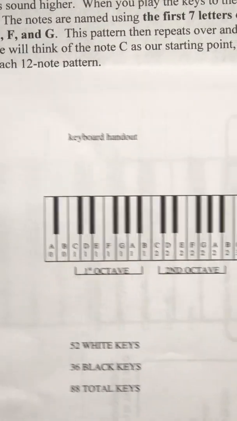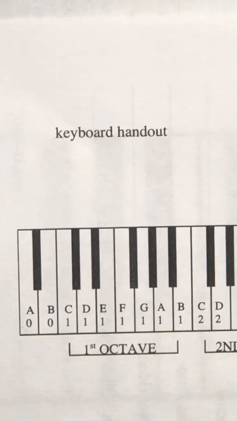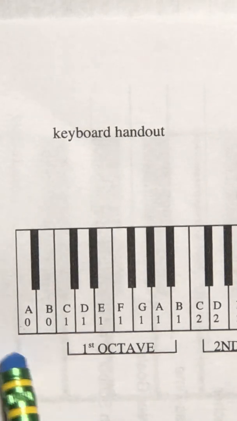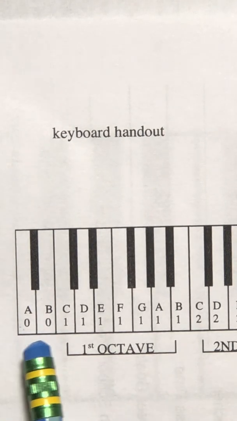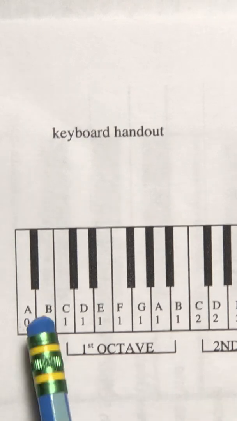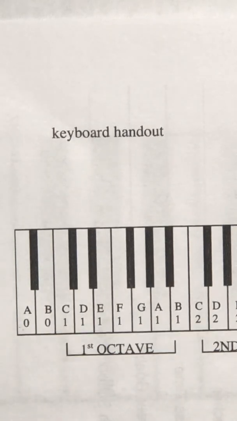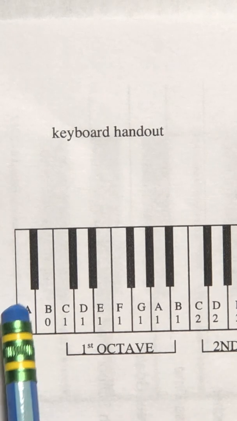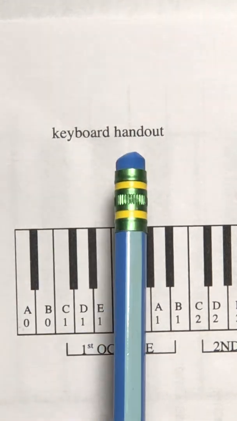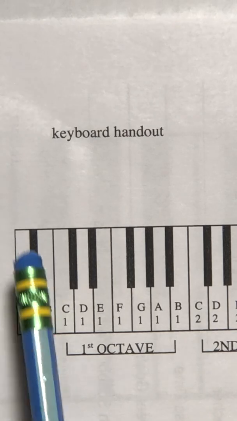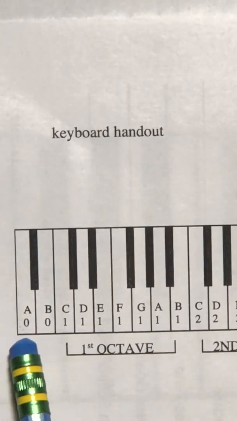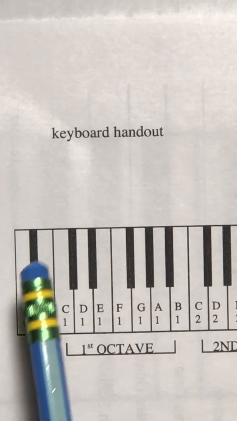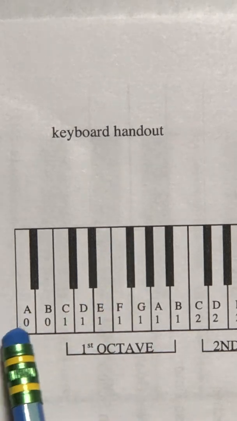Now let's talk about the last keys on the left side. We have A0 and B0 and a black key in between. Whenever we play a white key going towards the right direction, this black key will be like you're going higher on the piano.